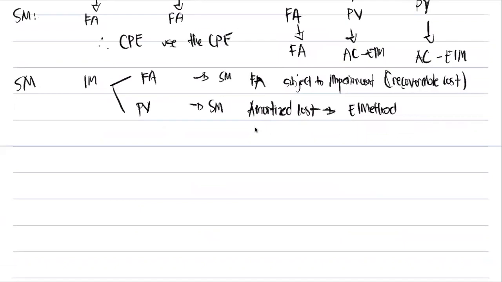Okay, we go back. For your subsequent measurement, we follow these rules. If the initial measurement is face amount, we measure subsequently also at face amount, but it is subject to impairment, which is the recoverable cost. If the initial measurement is at present value, our subsequent measurement is the amortized cost using the effective interest method.